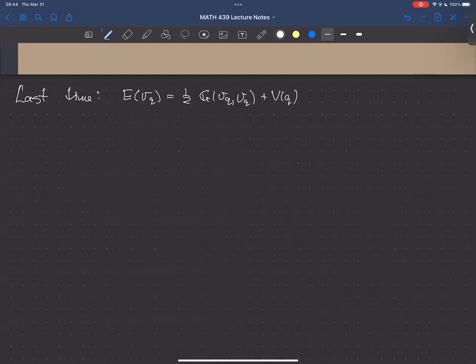And so we calculated d by dt of E of gamma prime of t, the energy along a motion of the system, so we're following a motion gamma that satisfies the forced geodesic equations. We calculated last time that this was given by a formula like that.